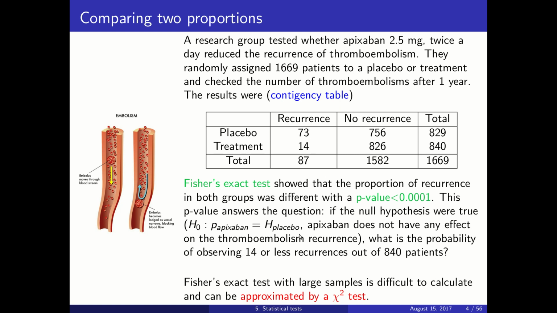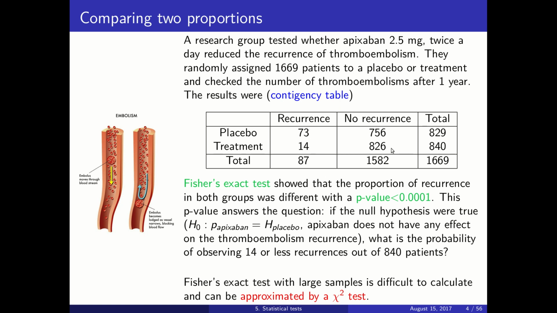So Fisher's exact test computes the probability of observing 14 recurrences out of 840 people, or even more extreme. Even more extreme is either much smaller than this or even much larger than the complement.